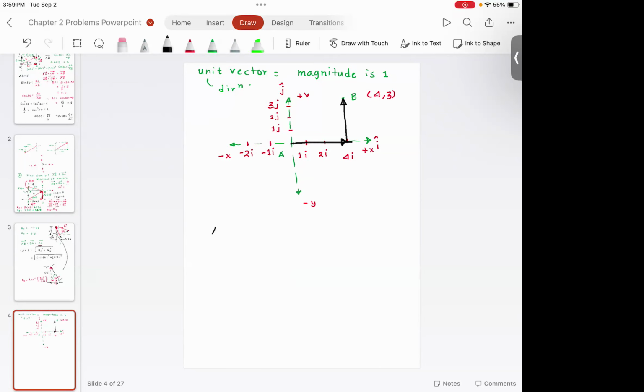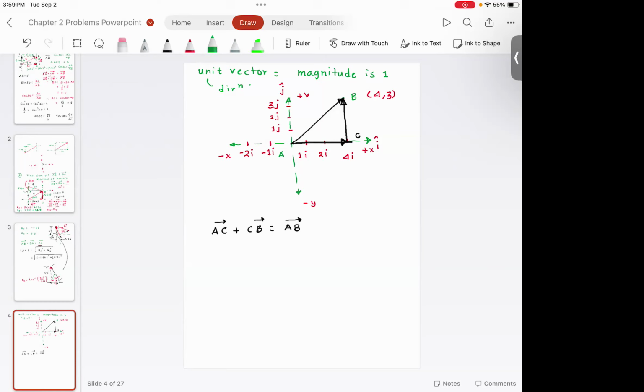So A, I'm going to call this C. So AC plus CB is equal to AB. You agree with me? Now I'm going to write this in a slightly different fashion.